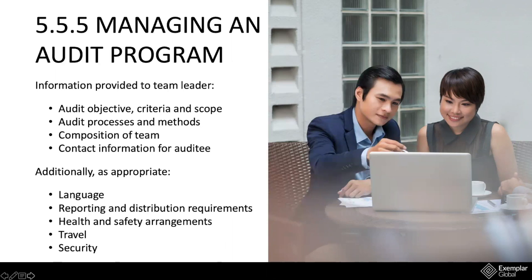Then there are things having to do with travel and security, both the security of persons as well as any security in terms of information that need to be communicated prior to the beginning of the audit. All of these things are provided by the audit program manager to the team leader, and the team leader has every right to expect and to require this information to be provided.